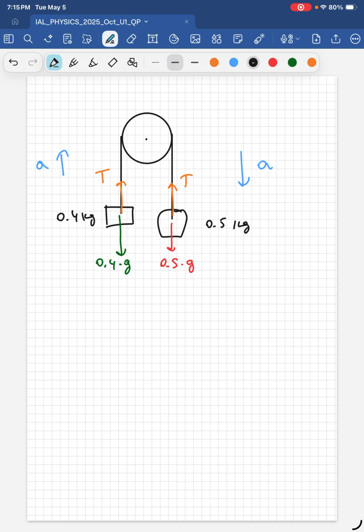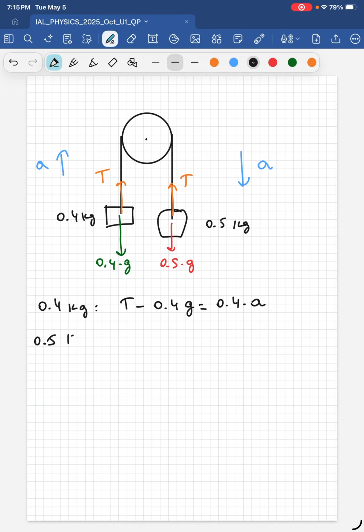Okay, now let's write down the forces. For the 0.4 kilograms mass, Newton's second law is going to be T, because it's in the same direction as the acceleration, so it's going to be taken as positive. So T minus 0.4 g is going to be equal to 0.4 kilograms times the acceleration, right?